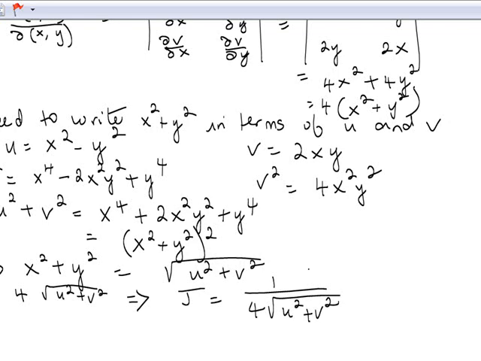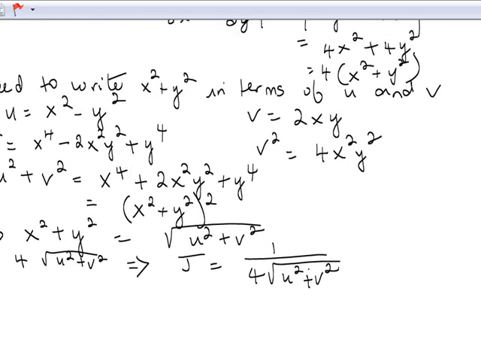Alright, so what have we done? We have written down the transformation. We have found the Jacobian in terms of u and v. We have actually transformed the integrand. So now we're ready to write the integral and evaluate. So the integral is, what was it again? The double integral over r of x squared plus y squared dA.